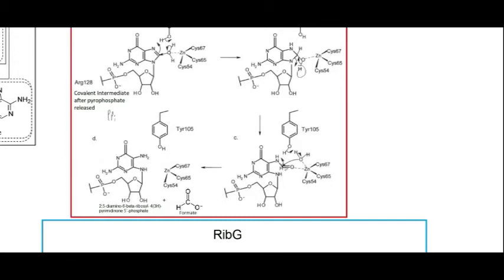And then this water attacks this ketone here, and this can actually break the bond here, while also releasing formate. So this formate is made out of the carbon and oxygen here, and it is breaking this ring open here.